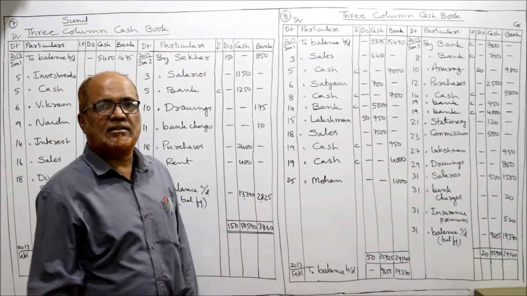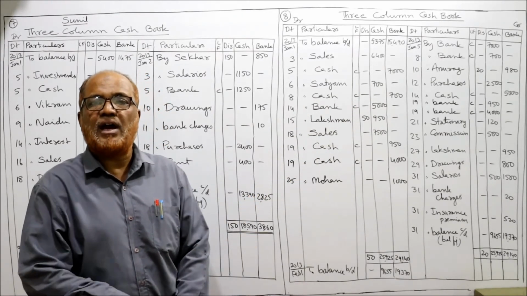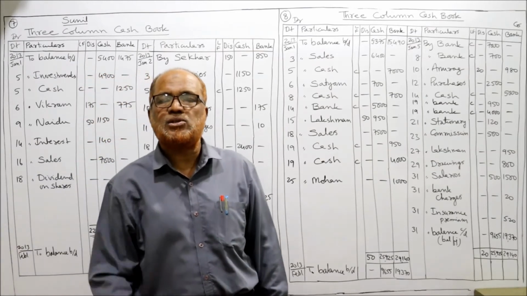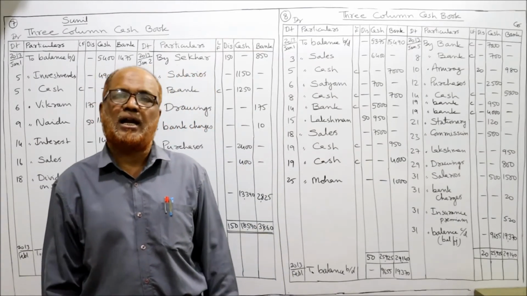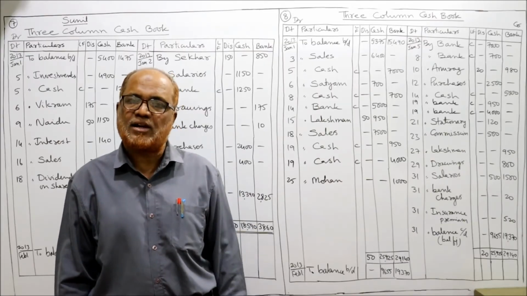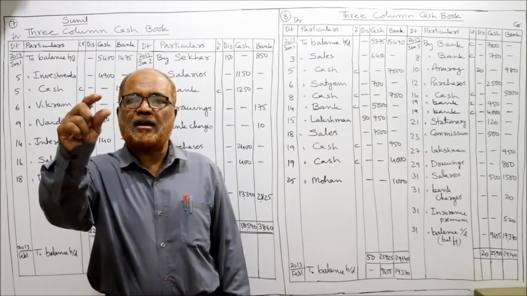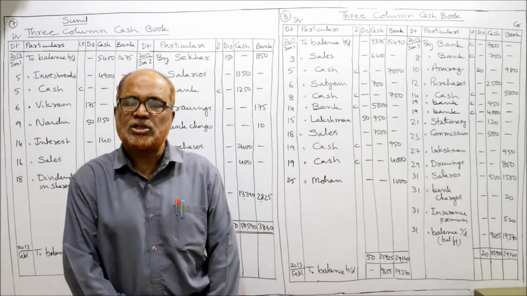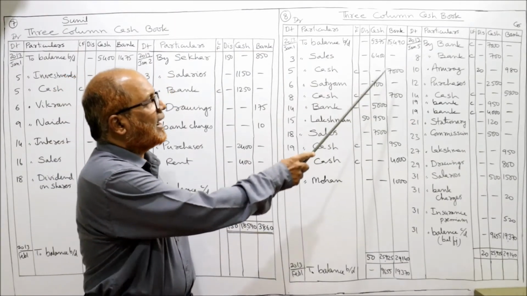Now on 8th January, we are depositing Satyam's check into the bank. In this case, you have to treat it as a contra entry. Bank account debit to cash. So this 700 rupees we debit to bank.